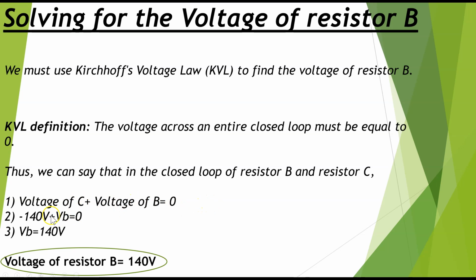Because we know C is negative 140 volts, we can plug it in to get negative 140 V plus VB equals 0. When we solve for VB, we move it to the right side, and we get voltage of B is equal to 140 V.